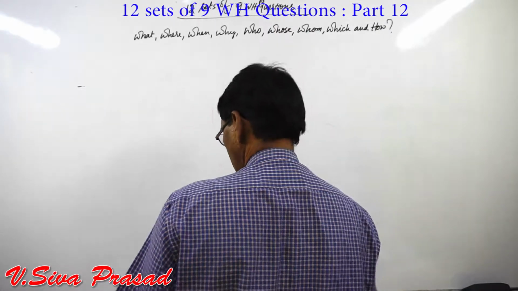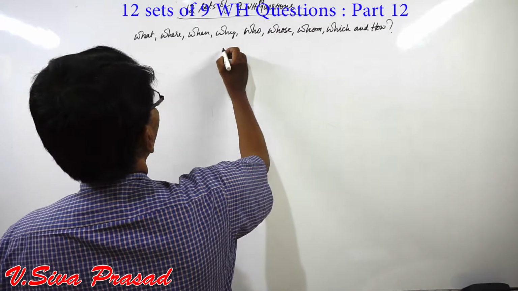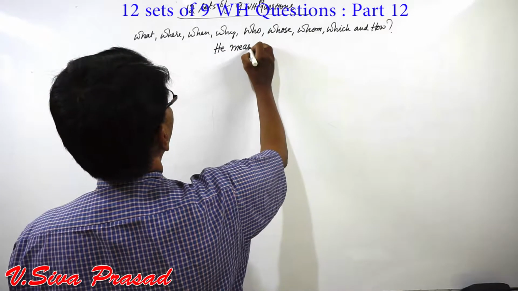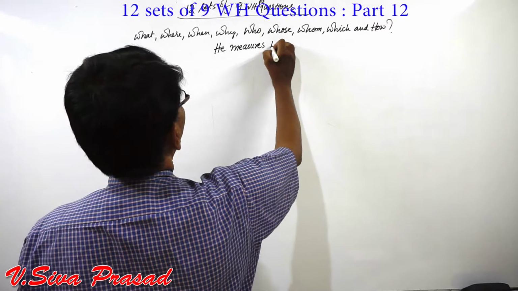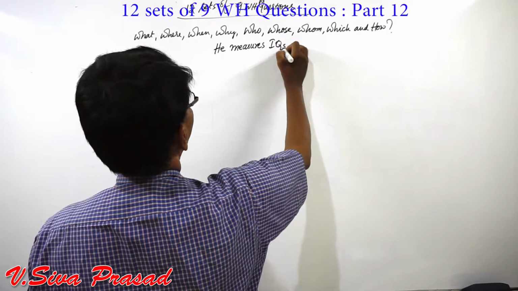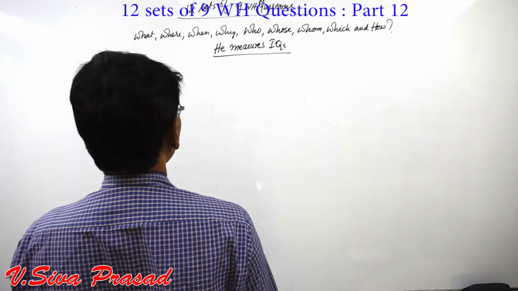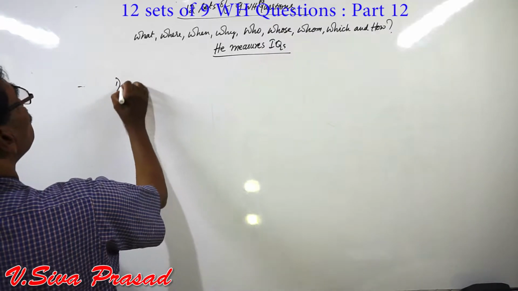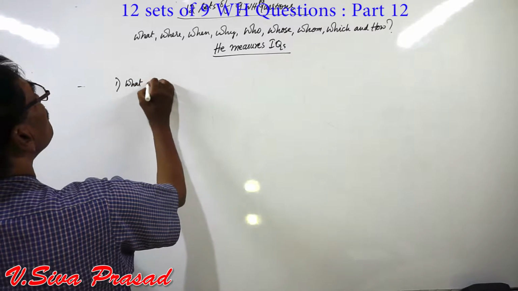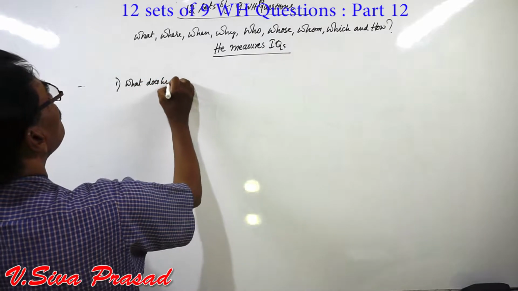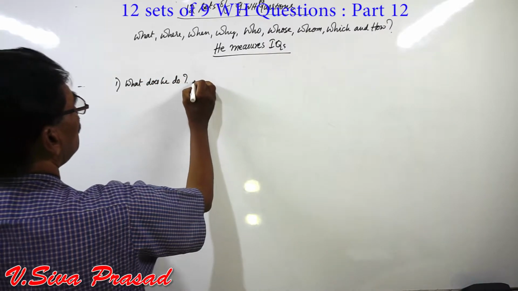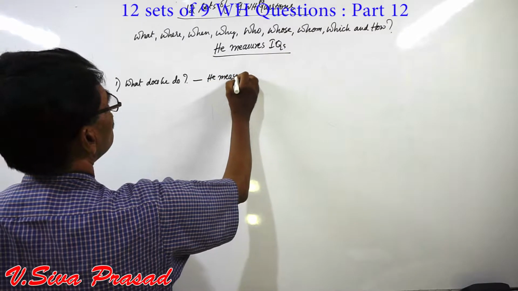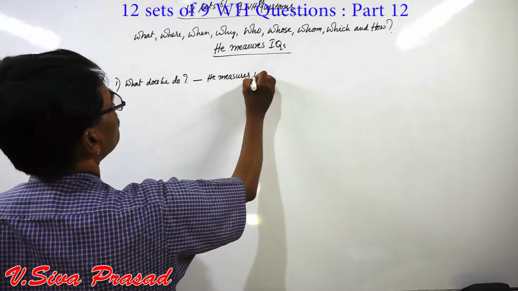Now the sentence over here is, he measures IQs. We are going to take the first one. What does he do? Answer: he measures IQs.